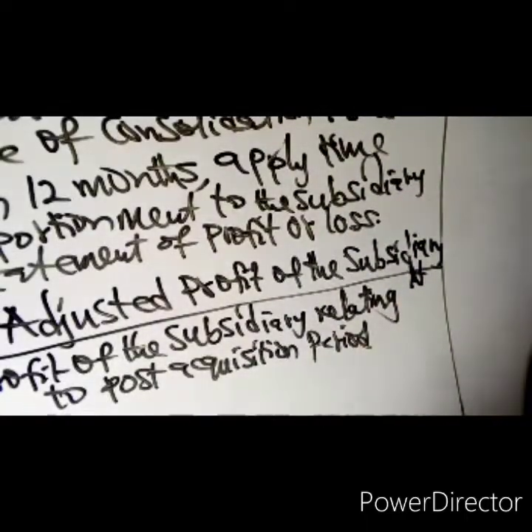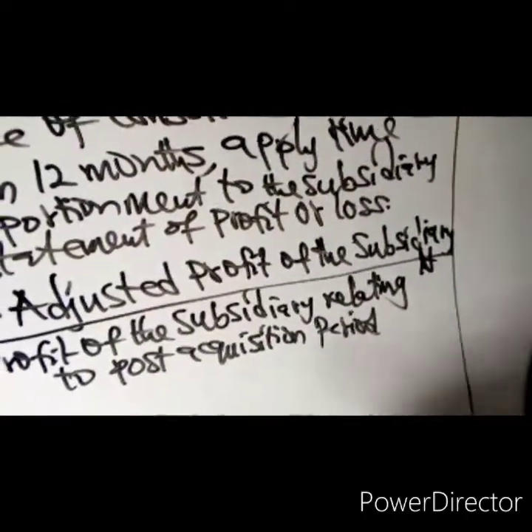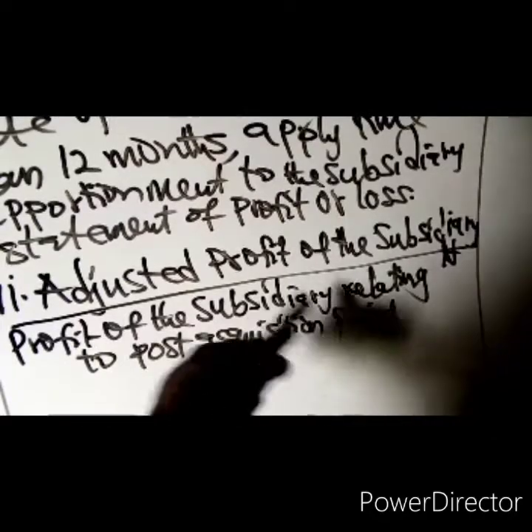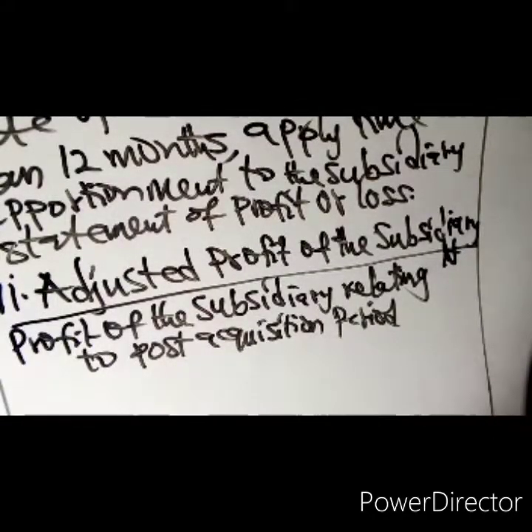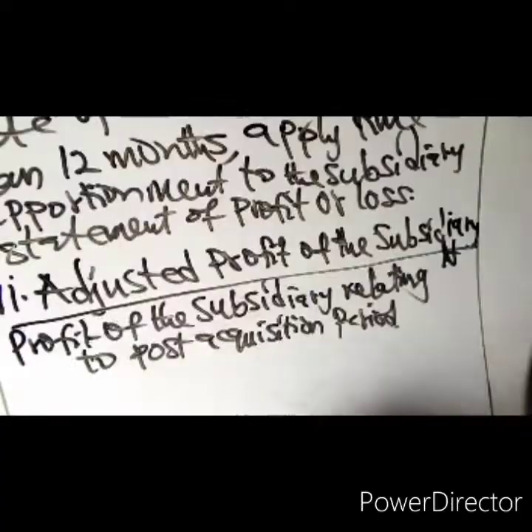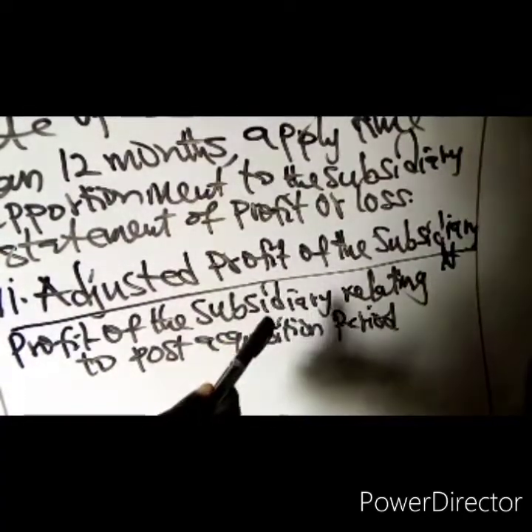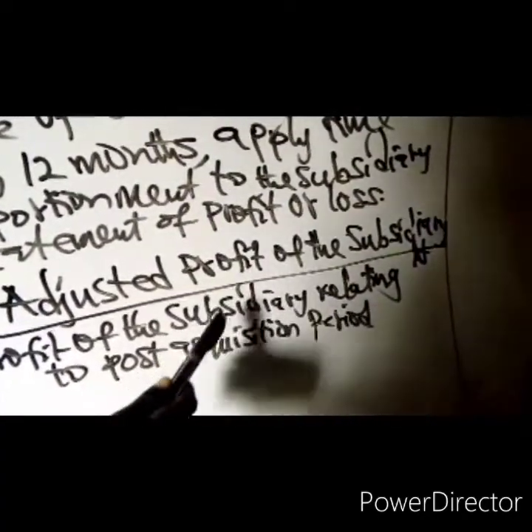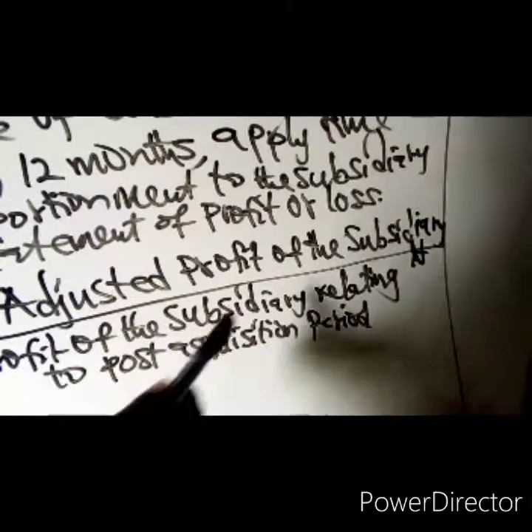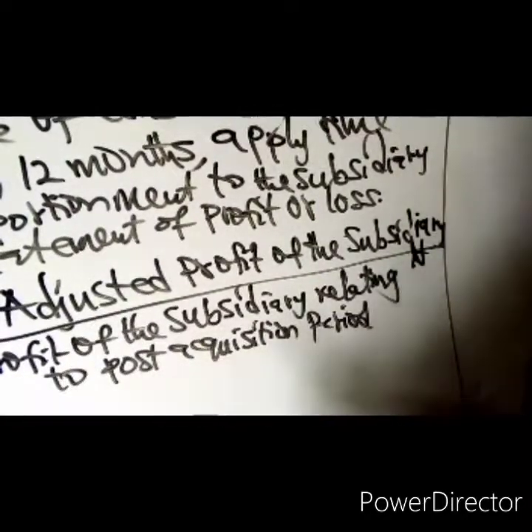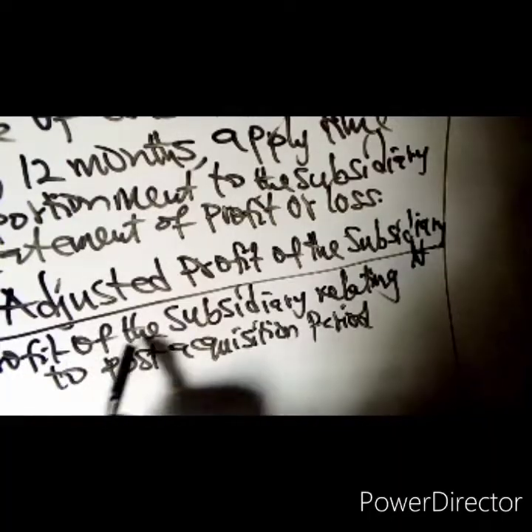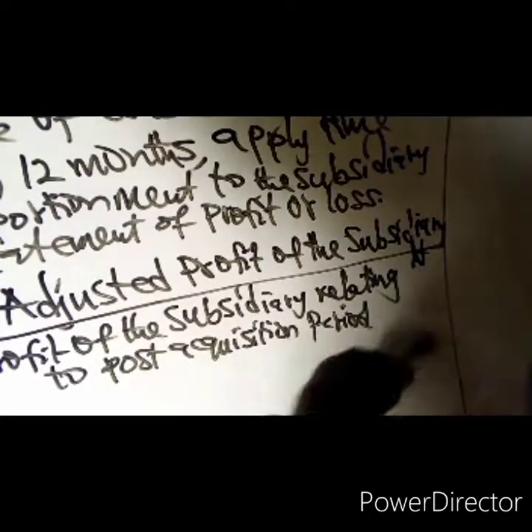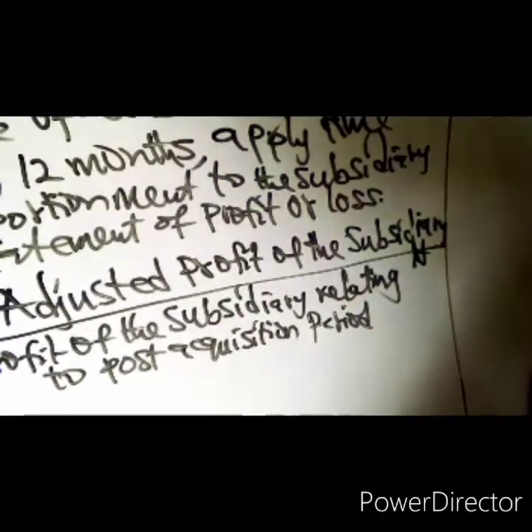So what do we mean by that? That is, you are going to apply time apportionment to profit of the year of the subsidiary. You just go to the statement of profit or loss of the subsidiary, you pick the amount of profit of the year of the subsidiary, then you apply time apportionment to that. So that will give you the profit of the subsidiary relating to post-acquisition period.